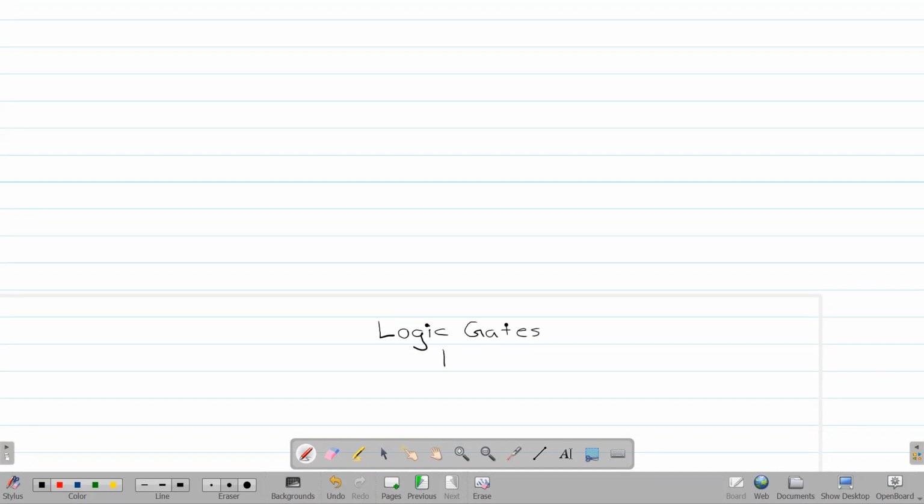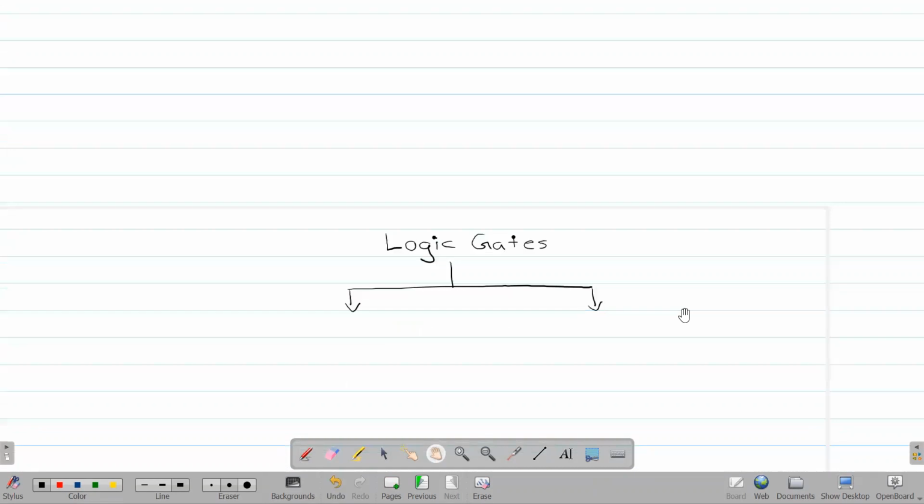There are two types. One type is called the basic gates. And the other is called combinational gates.